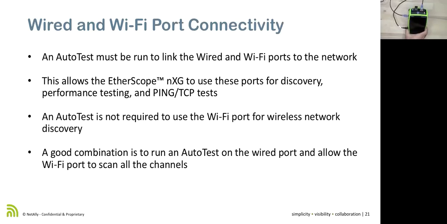Okay? So what we find is that by running the auto test, it allows us to connect our EtherScope nXG up to do discovery, performance testing, ping tests, things like that. With the Wi-Fi port, an auto test is not required for discovery. It automatically goes out and starts scanning the network.